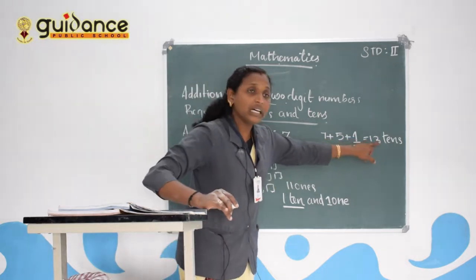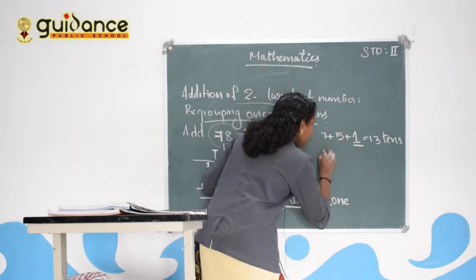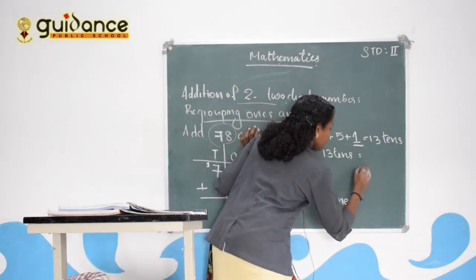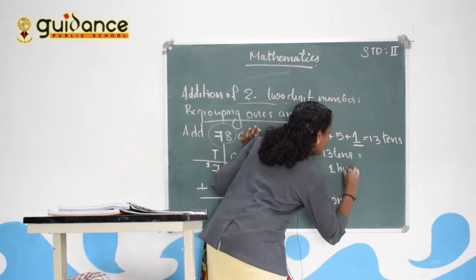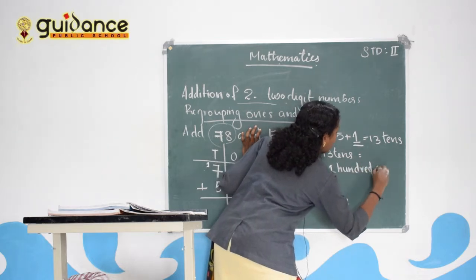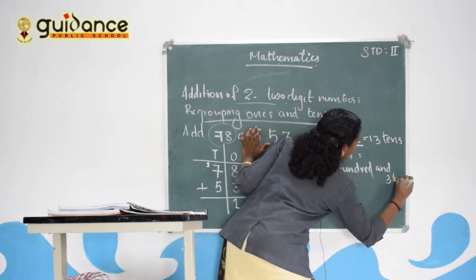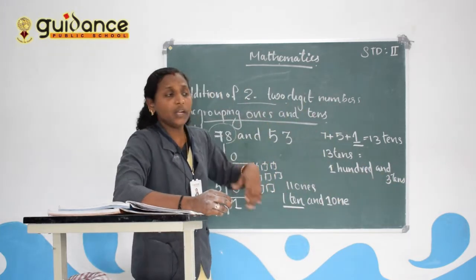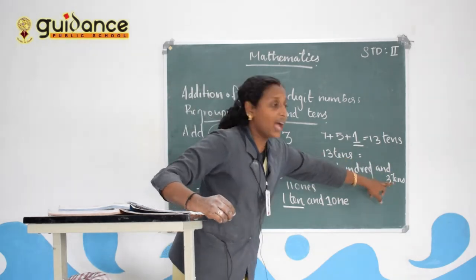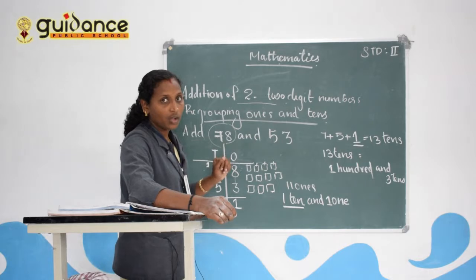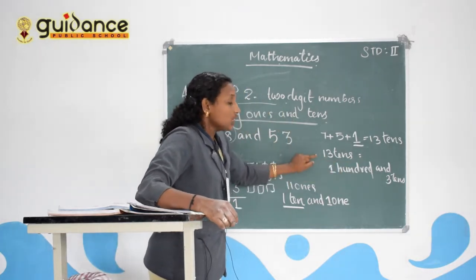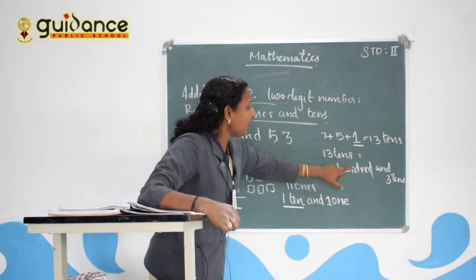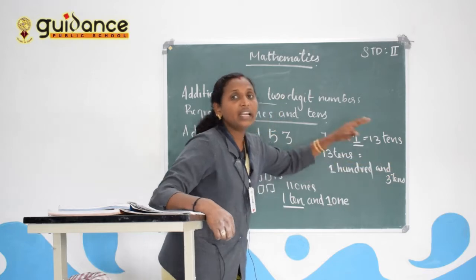That means 13 tens can be regrouped into 1 hundred and 3 tens.